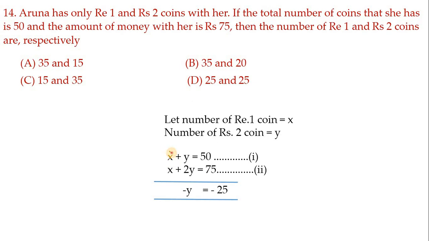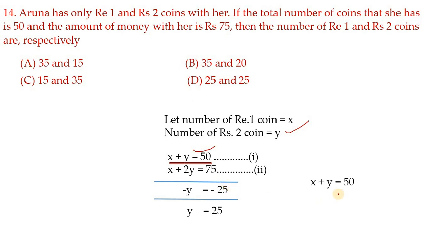So these two variables have the same coefficient with the same sign. Hence we have to subtract, make it minus, minus, minus, and plus x minus x get cancelled. And here if you subtract, we get minus y, and here we get minus 25, and here minus and minus get cancelled. Therefore y value is how much? 25. So y value we have got, that is 25. Now again, to get x value, substitute y value in equation 1.